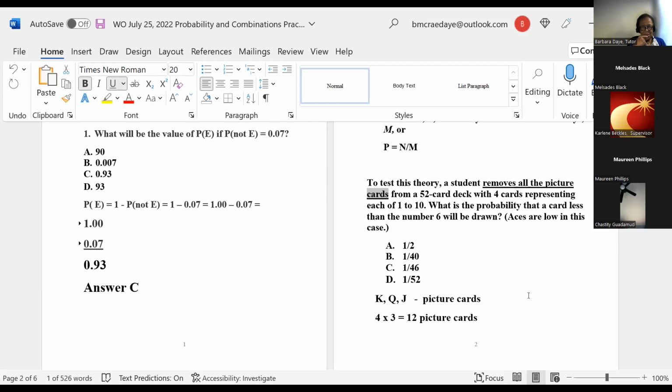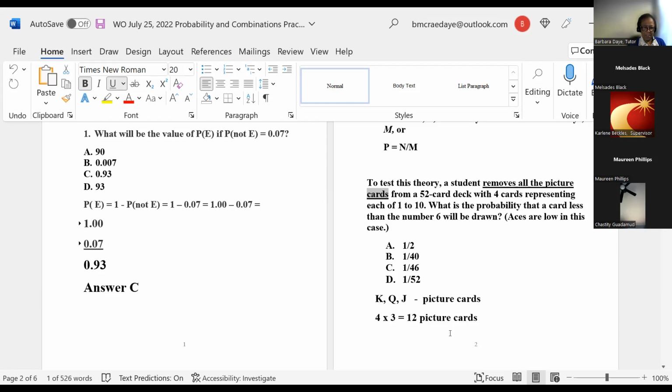It is because there's 4 kings, 4 queens, and the other one. There are 4 suits: clubs, spades, diamonds, hearts. So you have to multiply those 4 suits by 3, 3 picture cards per suit. So that's how she got the 12.